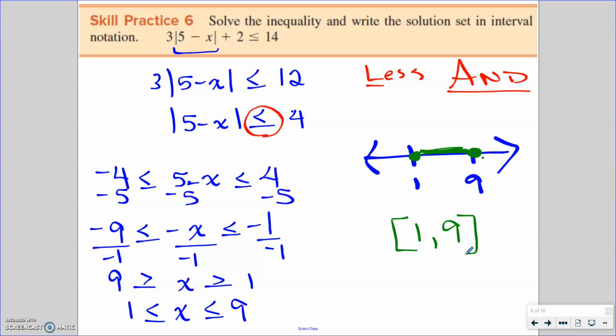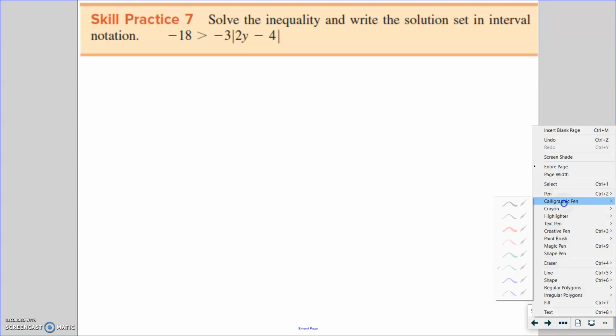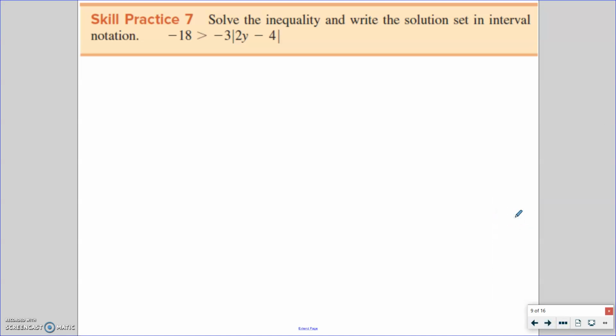So let's go ahead and try another one now. Now, I initially don't even like this one right off the bat because the absolute value stuff and the variable is on the right. So the very first thing I'm actually going to do is just rewrite all this, flip it. So it's -3 times the absolute value of 2y minus 4 is less than -18.